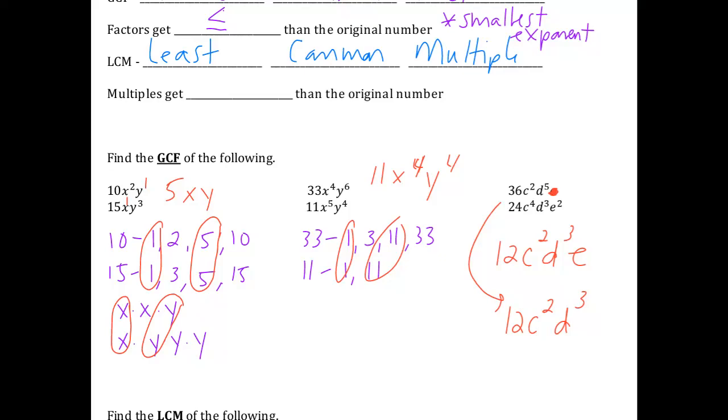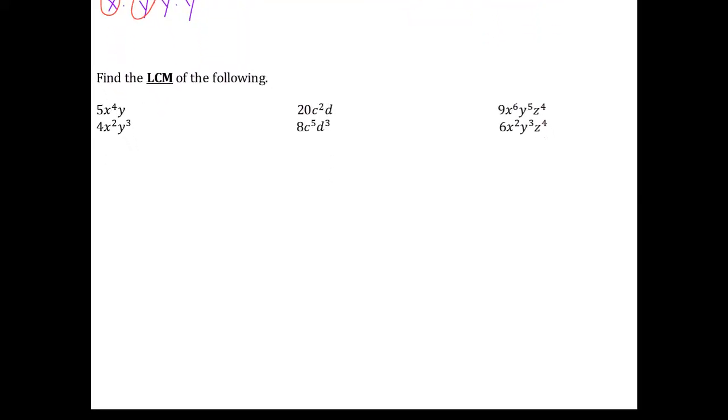For LCM, the opposite: they can be greater than or equal to the original number. So they're going to be the same number or potentially bigger. And just as we follow suit here, if we take the smallest exponent for GCF, we take the largest exponent for LCM for each variable. So if there's the C, the D, and the E, we have to take the largest exponent of each one individually. All right, and let's take a look at a couple examples down here.